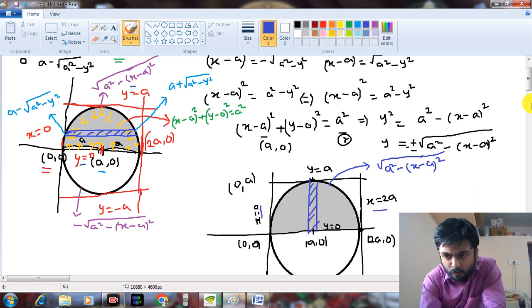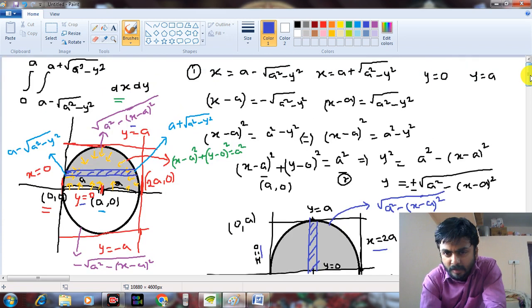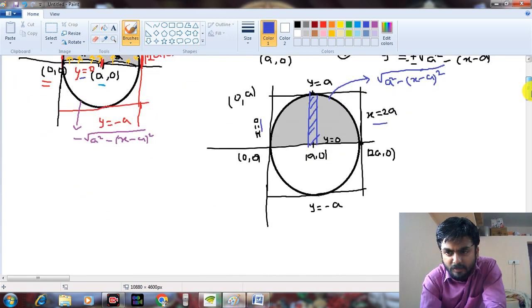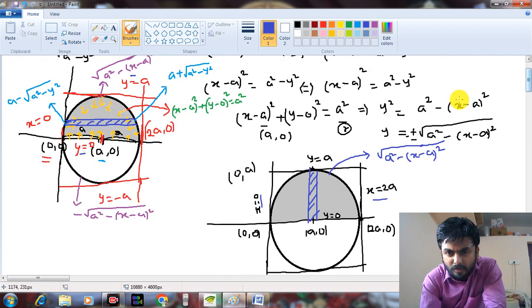So the given equation is completely changed to y equal to 0 to root of a square minus x minus a whole square, and x limits are changing from x equal to 0 to x equal to 2a.